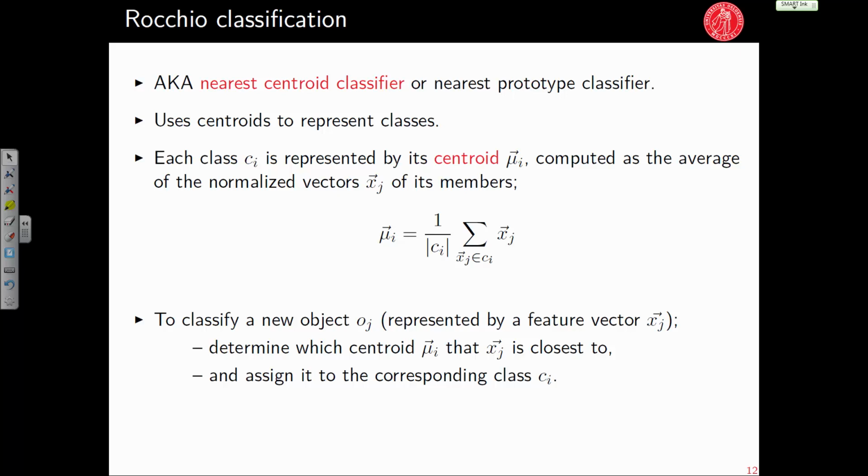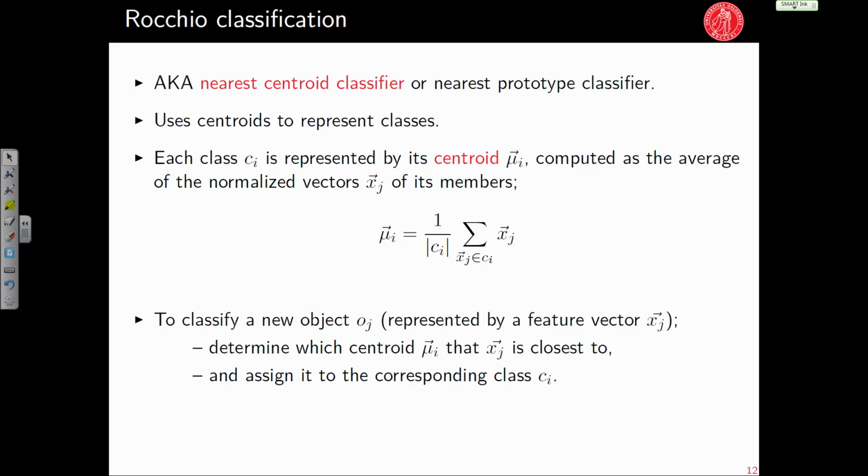Before. Is this centroid recalculated after xj is added? No. It depends on how you define the problem. There is something called online learning, for example. If you trust your classifier and you add the new classified object to your class, you can recompute it. But normally, you pre-compute the centroids, and that would be your model, and just classify.